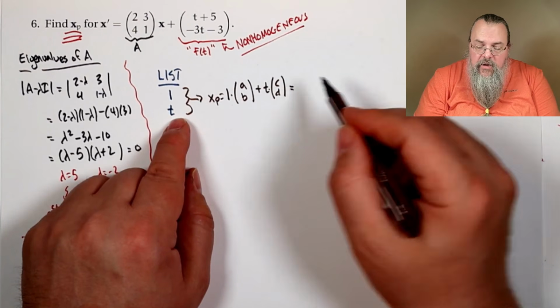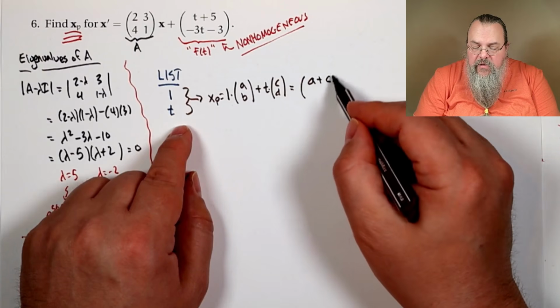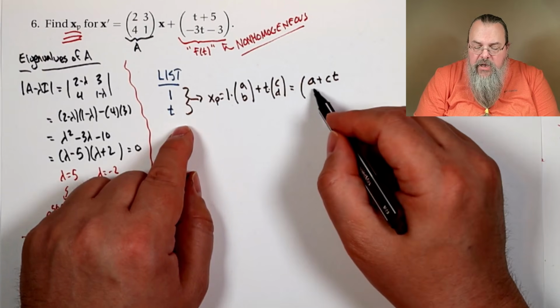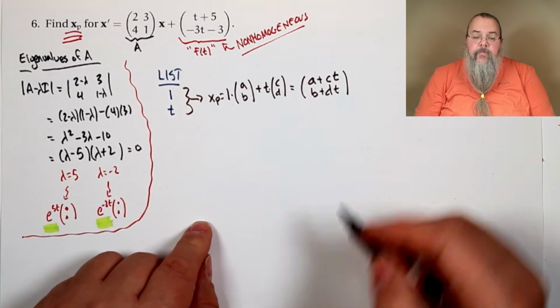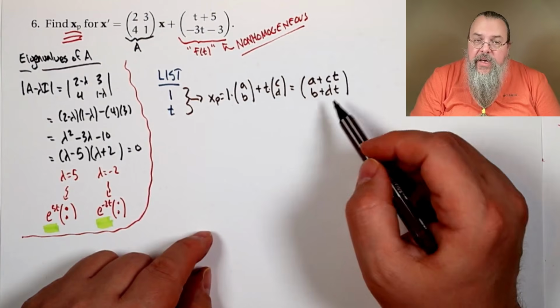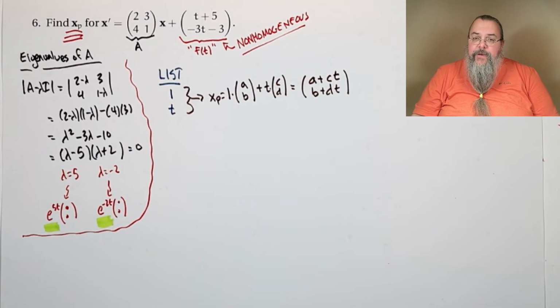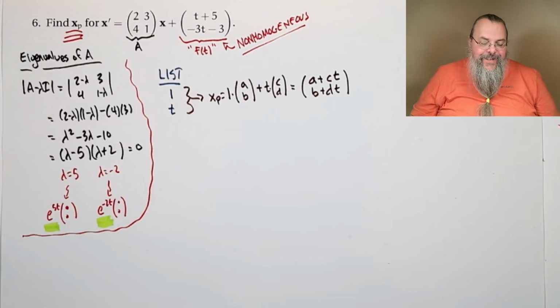Or, if you like, we can cram it together: a plus ct, b plus dt. And now we have to figure out a, c, b, d. So how do we figure it out? We run it through the equation. It's like we're trying to verify.